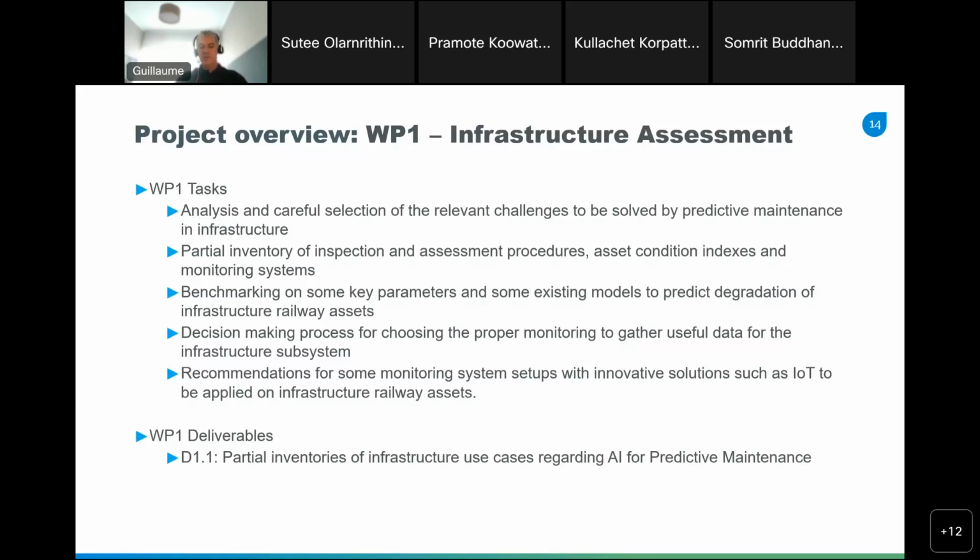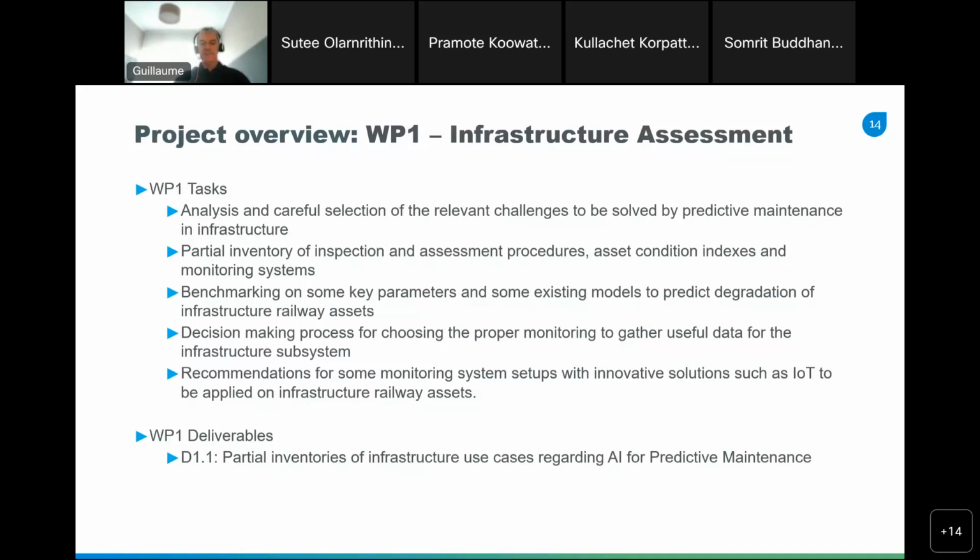For this one, we have already drafted some, let's say, functional architecture of the monitoring systems, with some kind of functional blocks and interfaces between the blocks, but also external to the monitoring system, from the data sources to the display system for the OEM guys, the maintainers, and also for the decision-making people.